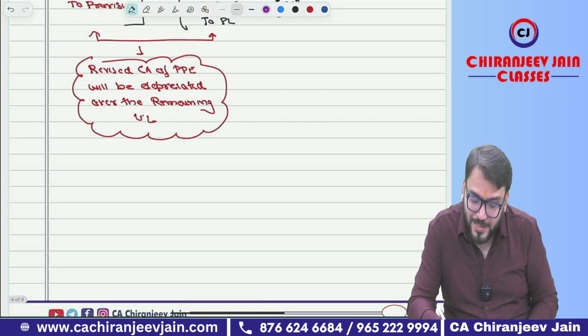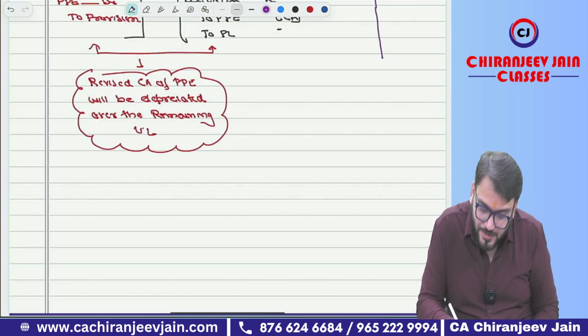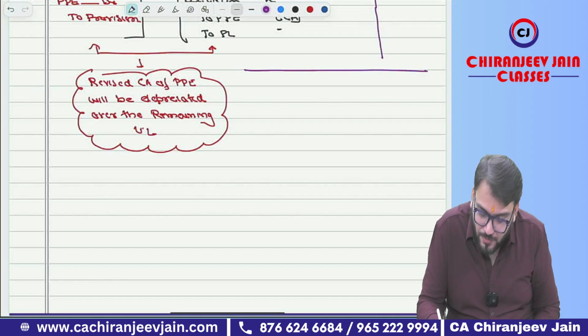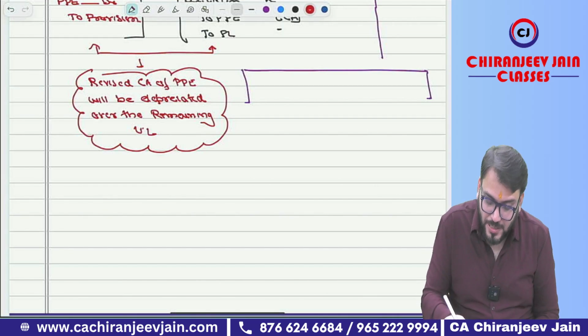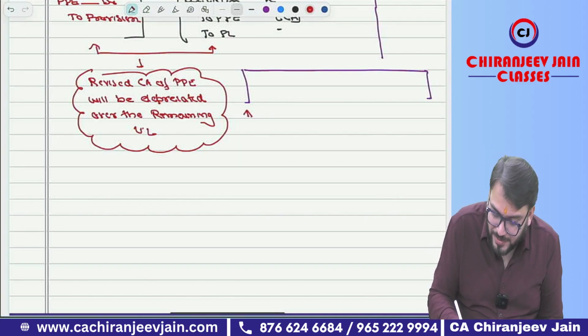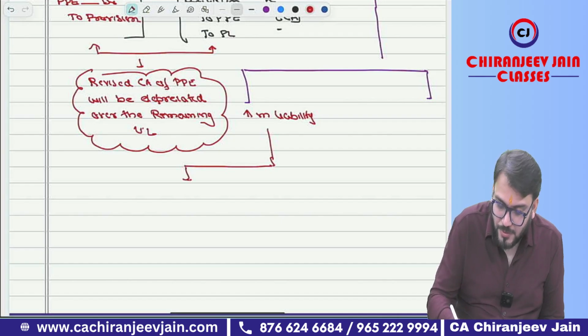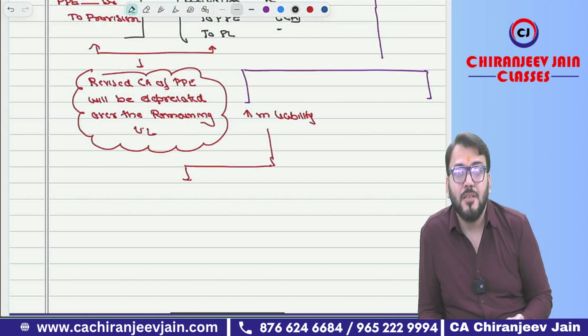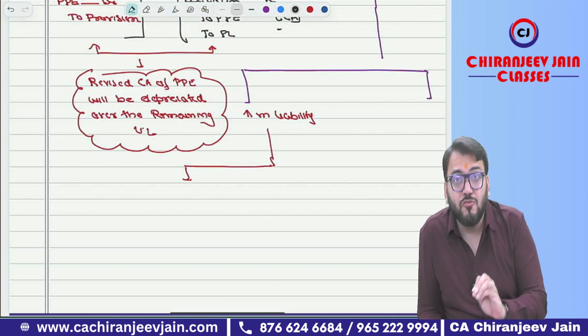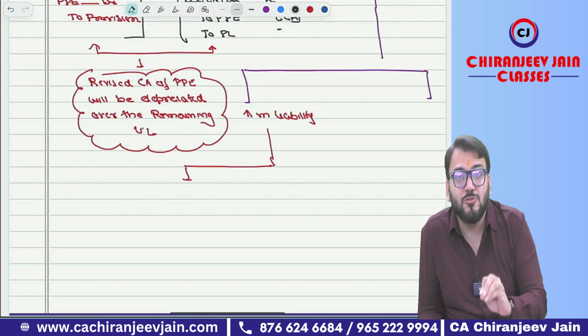The revaluation model. The entire accounting is based on whatever we have done in subsequent revaluation. Remember? So there are also two cases. Either there will be an increase in liability. An increase in liability means loss. So the loss will first be debited to revaluation surplus to the extent available.